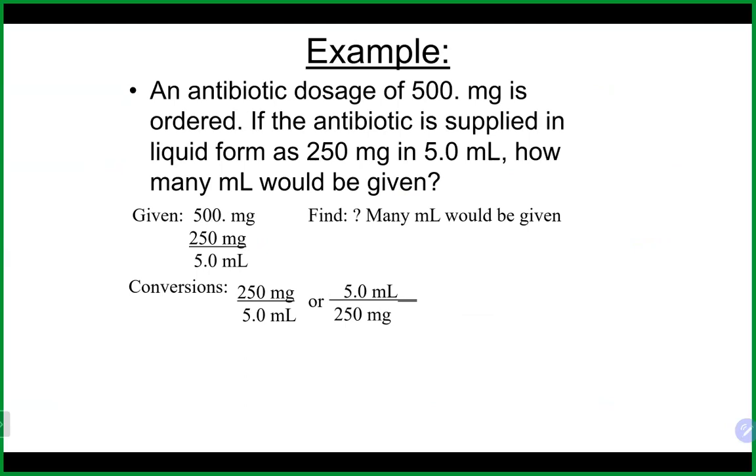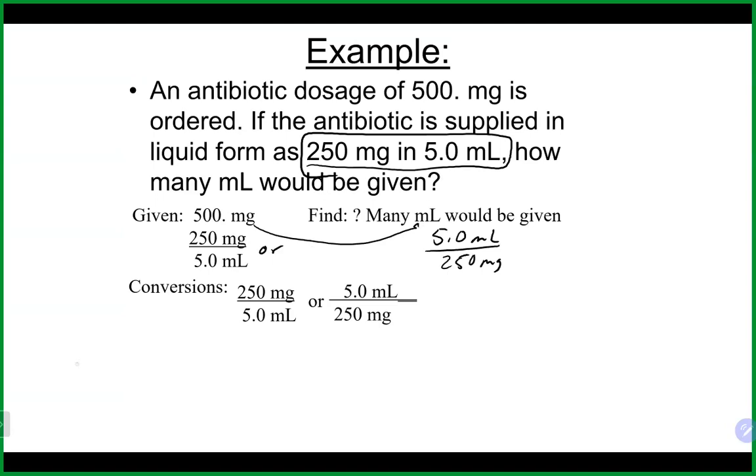Looking at this, from milligrams to milliliters, it's very common in problems that we aren't given a conversion factor in words, and we can turn that into a conversion factor. So 250 milligrams and 5 milliliters, we could use it like that. We could also flip it around and use it the opposite way with the milliliters up on top and the 250 milligrams on the bottom.